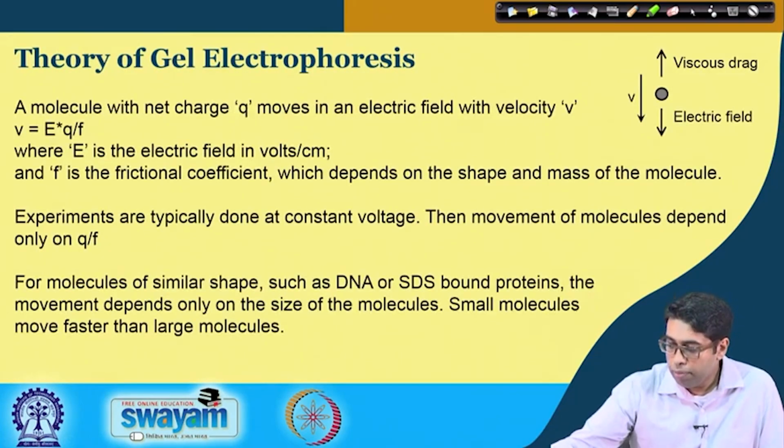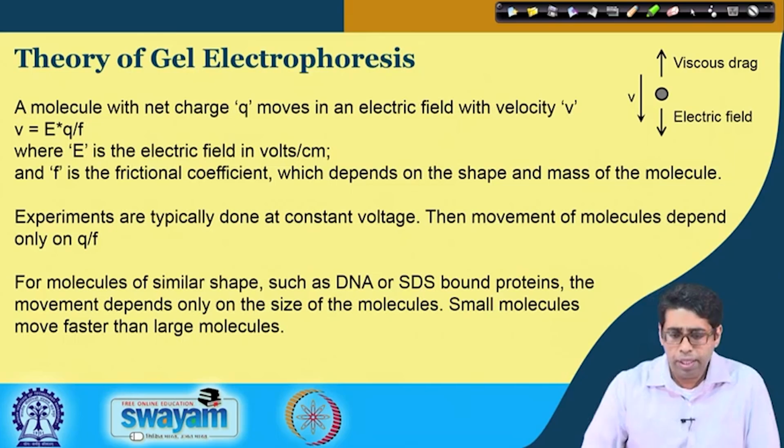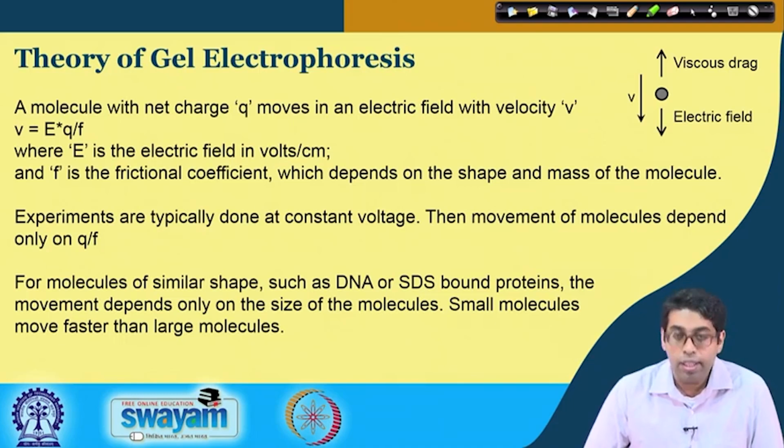What is the basic principle by which these macromolecules are separated? Typically, all these macromolecules are given a negative charge. In case of DNA and RNA, they naturally have a negative charge because of the phosphate backbone. But proteins, depending on the pI of a particular protein, can be negatively charged or positively charged based on the pH of the buffer that is used for electrophoresis.